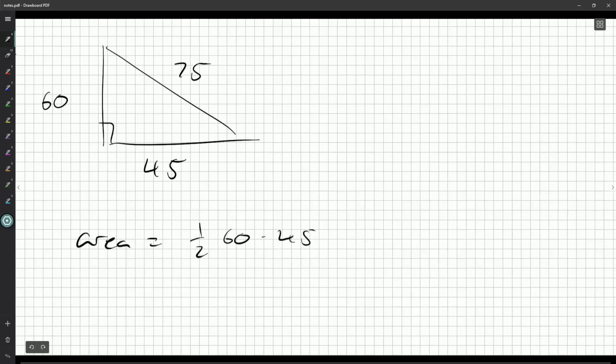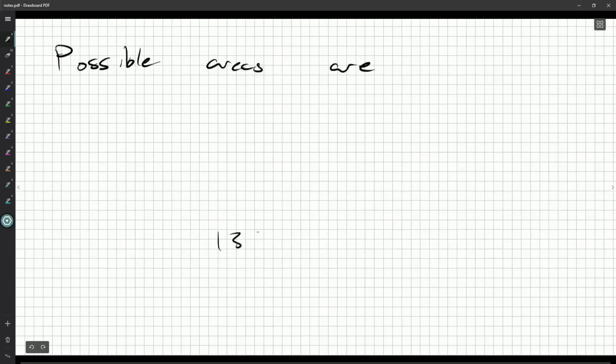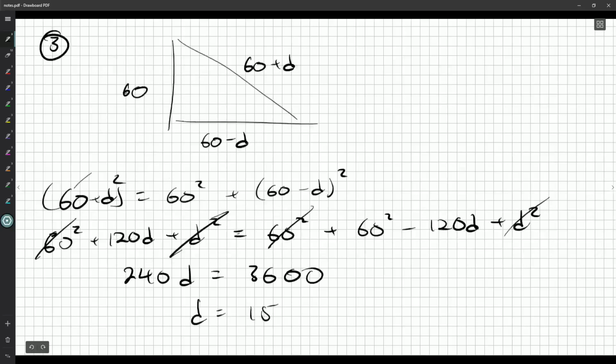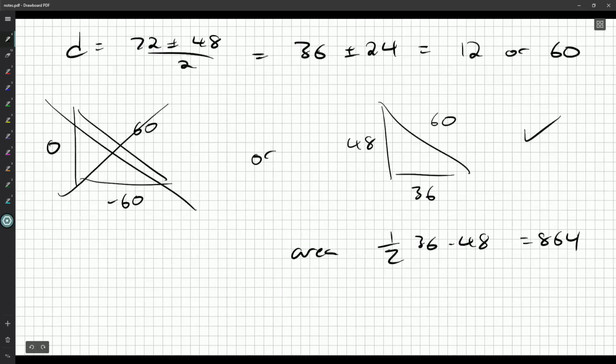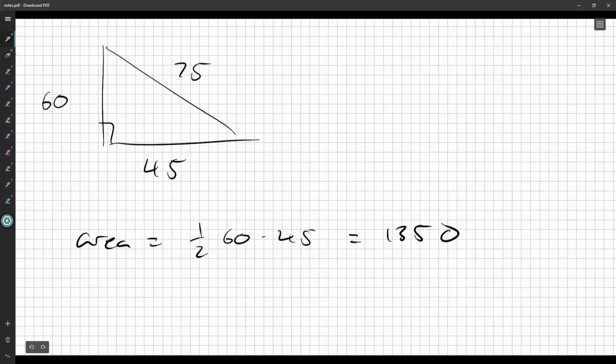So 30 times 45 should be 1350. You can double check on a calculator. There we go. So possible areas, just to sum up, are 1350, 2400, and 864.